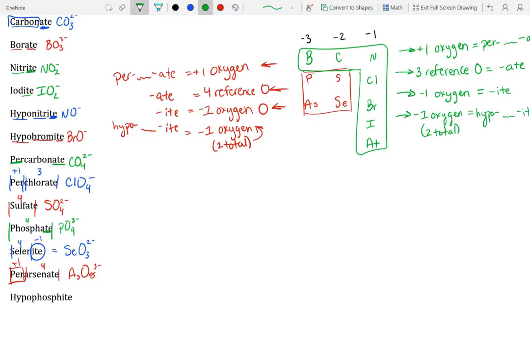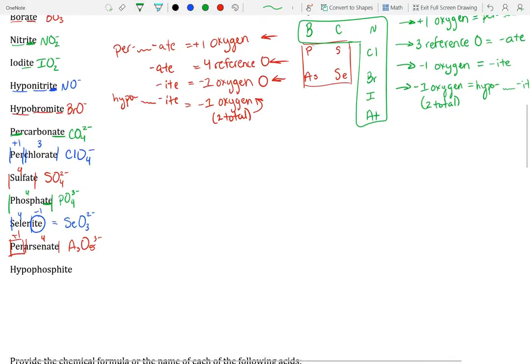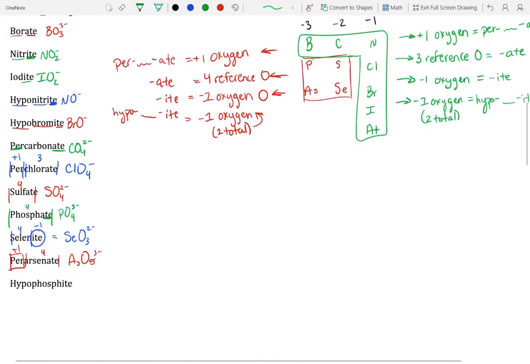And the last one. I know these have taken a while. Hopefully you've already skimmed through the video, so you avoided having to listen to all these. But anyways, hypophosphite. Let's see. Okay, so what's the root? We have phosp. So phosphate normally has how many oxygens? 4 reference oxygens, because it's inside the box. So what does ite mean? Well, like always, ite means we remove 1 oxygen. But what about hypo?